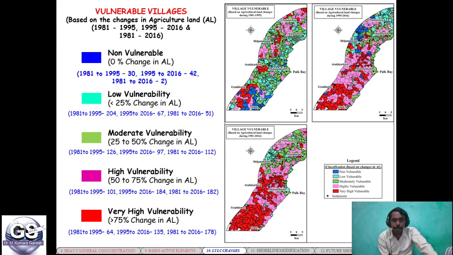In the map, the vulnerable villages are integrated with the village boundary shapefile, and it shows that the southern part of the region mostly falls within the very highly vulnerable category compared to the northern part.